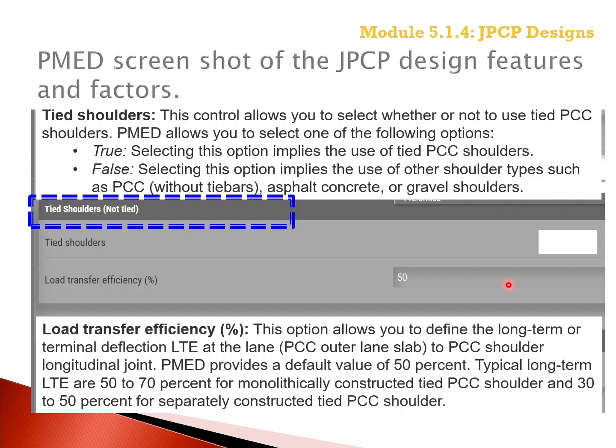Typical long-term load transfer efficiencies are somewhere between 50% to 70% for monolithically constructed tied PCC shoulders, and 30 to 50% for separately constructed tied PCC shoulders. So the default again is 50%. The user does have the option to change that though.